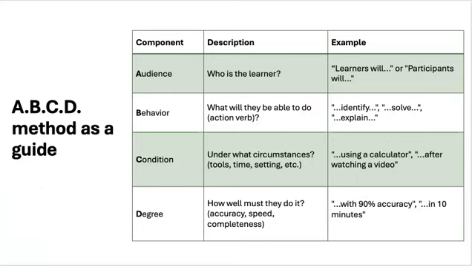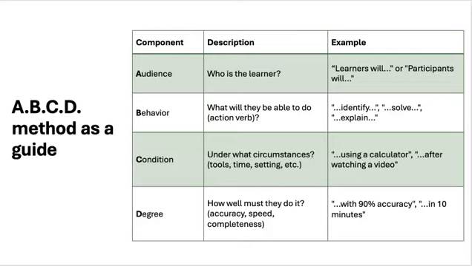You can use the ABCD method as a guide while you're writing your learning objectives. A stands for audience. So who is the learner in this particular circumstance? You can start your objective with learners will, participants will, students will, etc. The next is B for behavior.